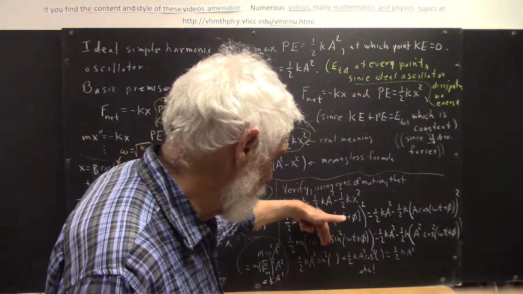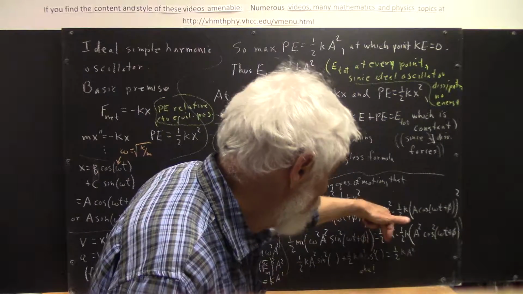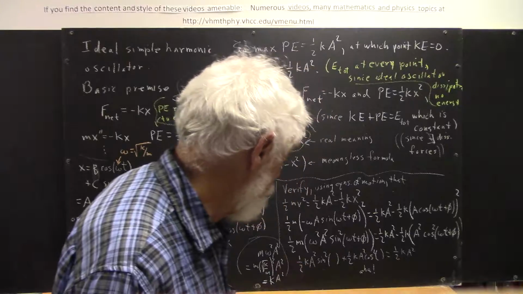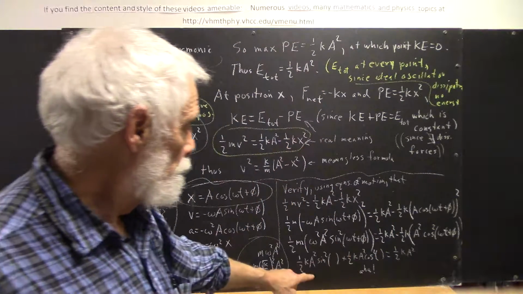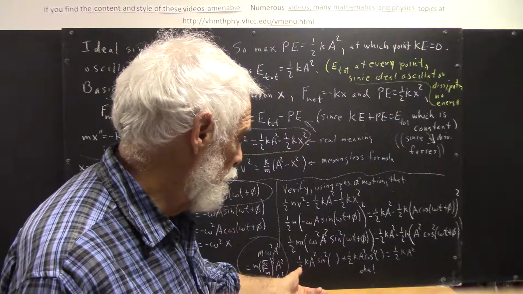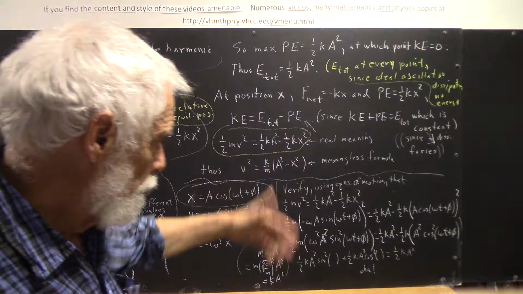It leaves us sine squared of omega t plus phi plus cosine squared of the same thing, omega t plus phi, and the sine squared plus the cosine squared of the same argument is 1, so the left-hand side just becomes k a squared, and that's equal to the right-hand side, 1/2 k a squared, not k a squared.